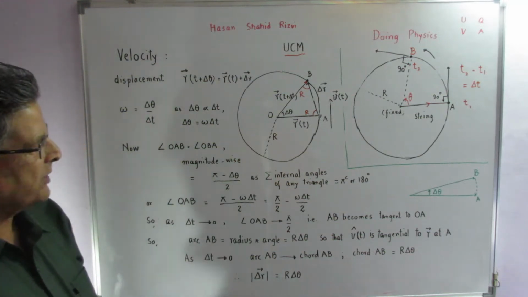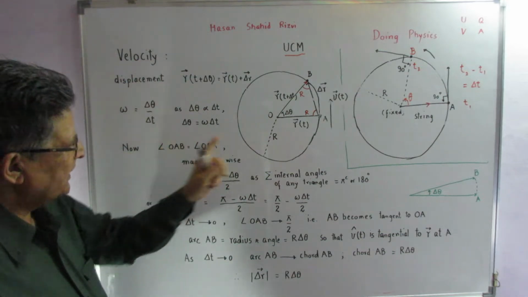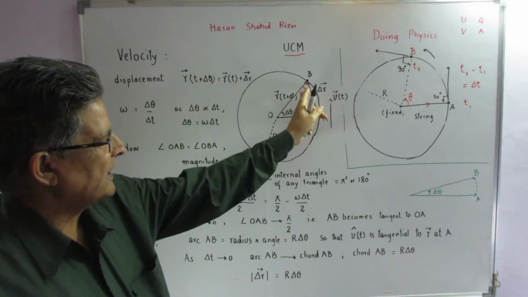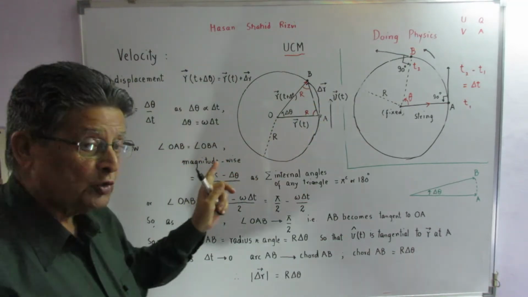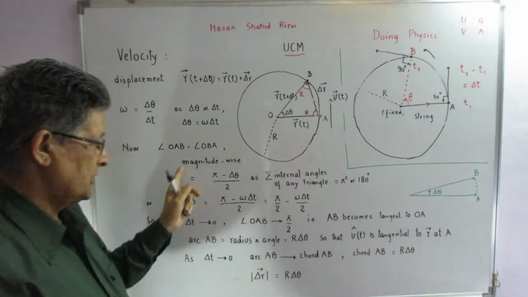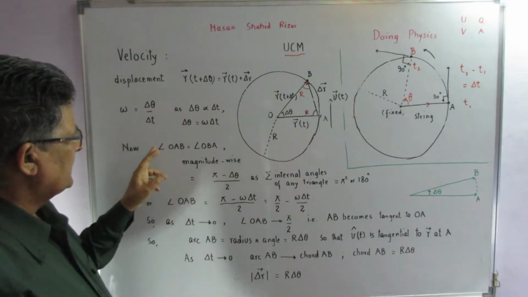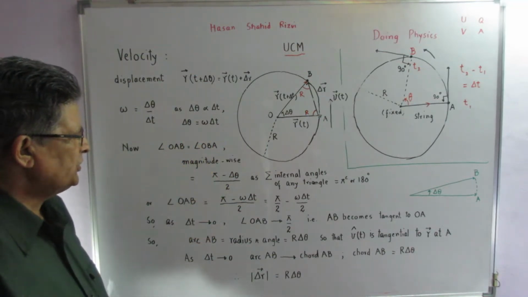And now I say that these two angles will be equal to each other, which I have shown over here, magnitude wise. Okay, we're being careful, saying that magnitude wise the angle OAB and the angle OBA will be equal to each other.